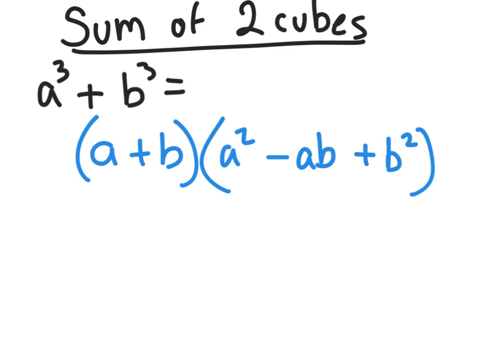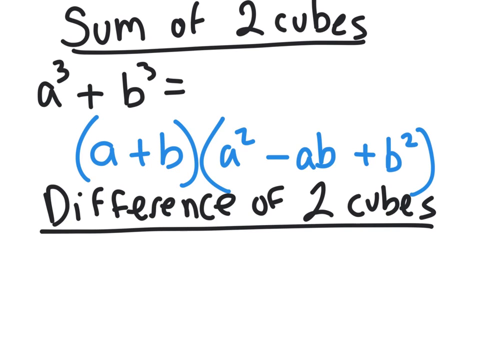You could think of it in the sense that if you square something, the answer is going to be positive. So you could always put a plus right in front of your B squared. And once again, to help you memorize the signs at least, if you had an A cubed plus B cubed, it's going to start with the A plus B.